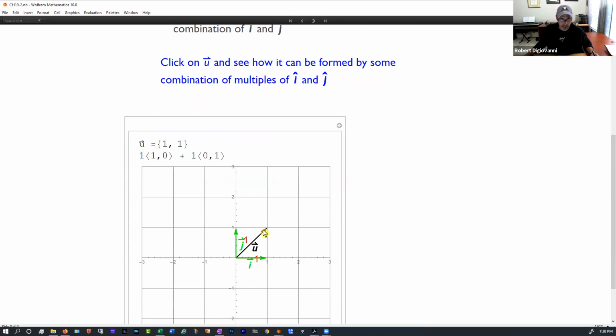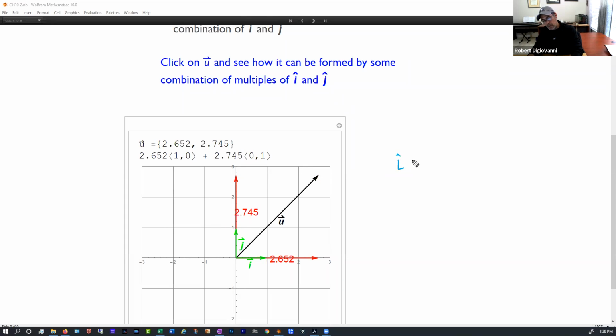If I take any vector, doesn't matter where it is, this black vector right here, let me just leave it right there. I hat is the vector 1, 0. That's this vector right here, that green one. And then J hat is the vector 0, 1, which is this vector here.